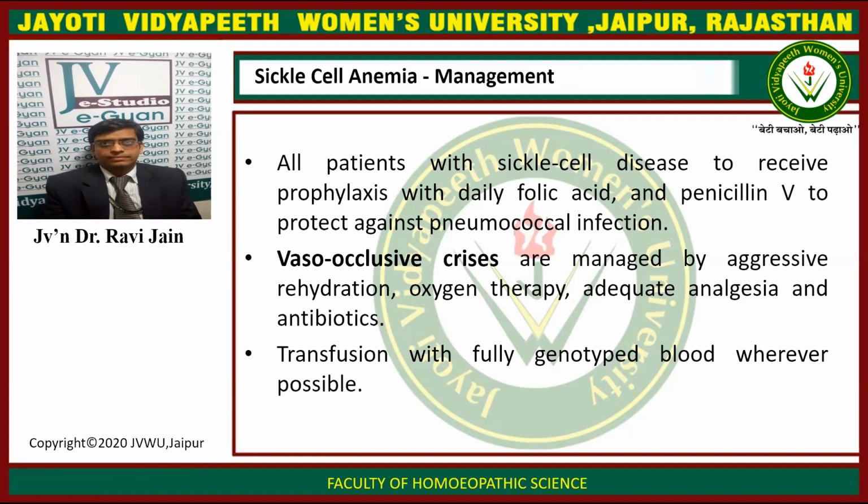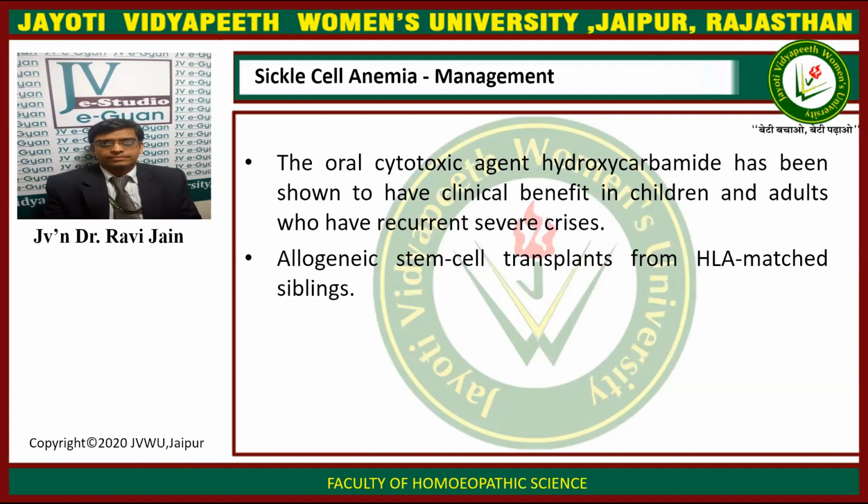There is transfusion with fully genotyped blood wherever possible. The oral cytotoxic agent hydroxycarbamide has been shown to have clinical benefits in children and adults who have recurrent severe crises. There are allogeneic stem cell transplants from HLA-matched siblings.